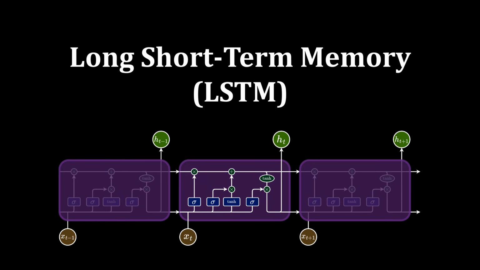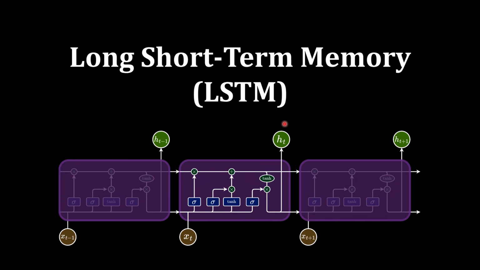And that is why long short-term memory, or LSTM, was introduced. Instead of hoping that long-term memory survives through recurrence, LSTM builds long-term memory directly into the model. Now, what makes LSTM different?